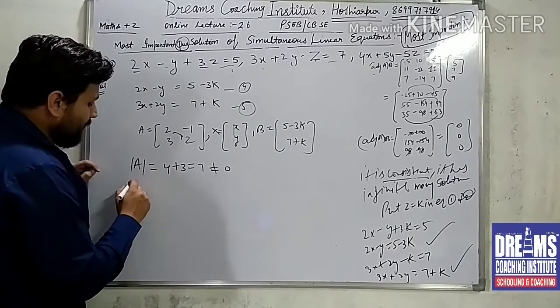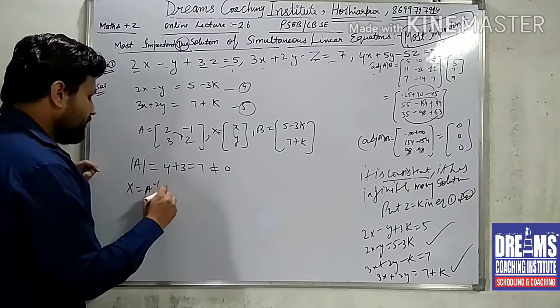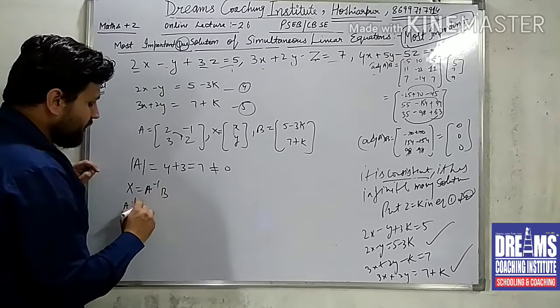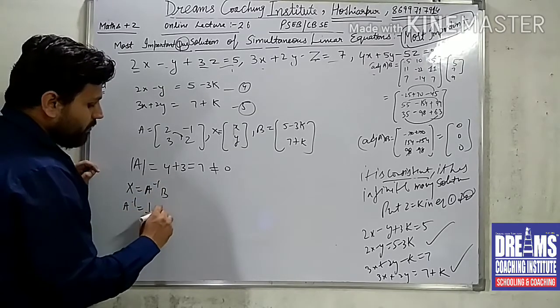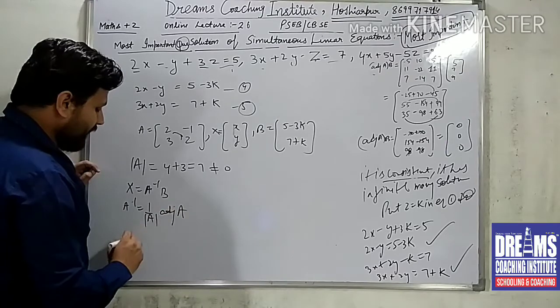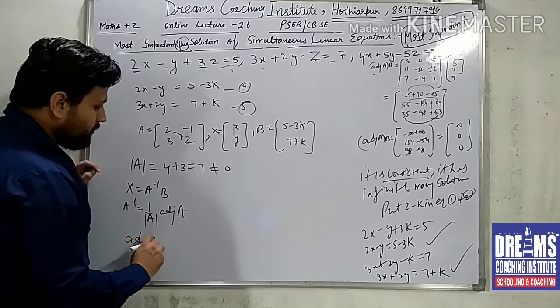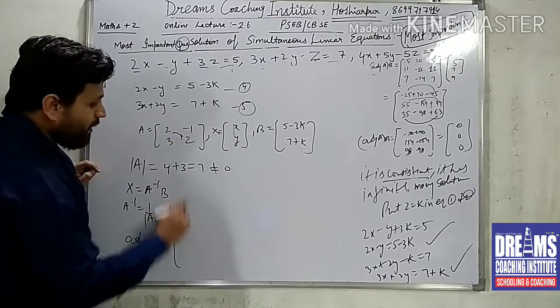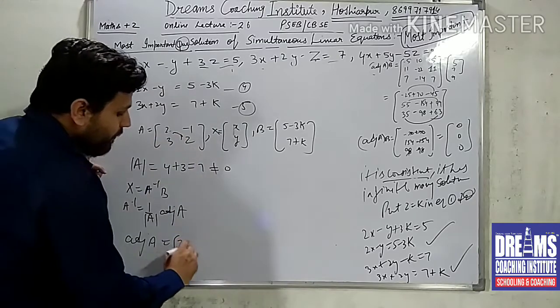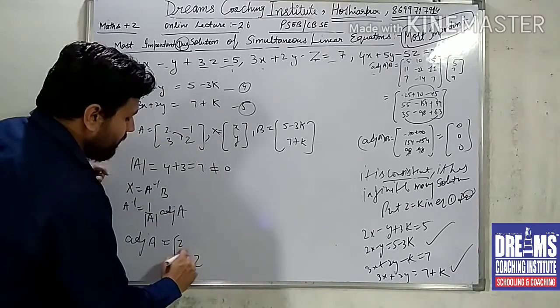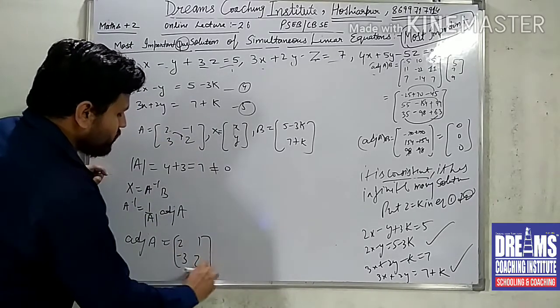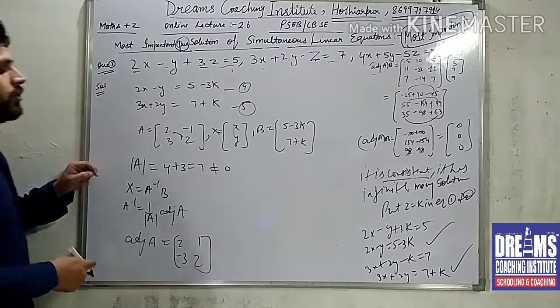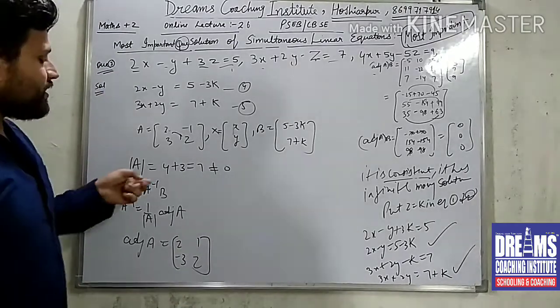Now the method is X is equal to A inverse B. So for A inverse, बेटा हमें क्या करना पड़ेगा? A inverse is 1 over determinant of A into adjoint of A. So we need to find the adjoint of this matrix. The adjoint will be given by interchanging these elements and changing the sign of these elements: minus 3 and this comes to be plus 1. This is the shortcut method that I told you: आप इसको सिंपली क्या कर सकते हैं?